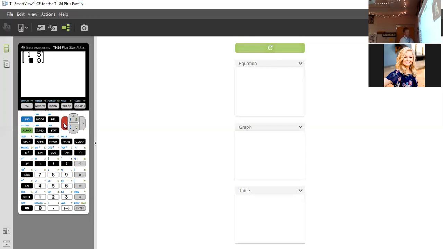Then negative 2. Let's see if it'll work this time.